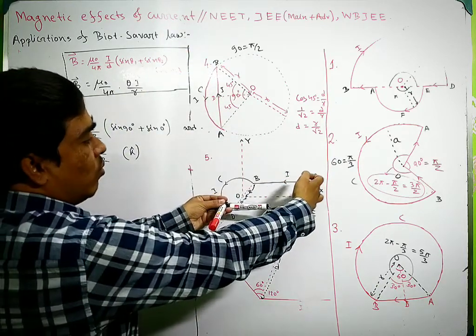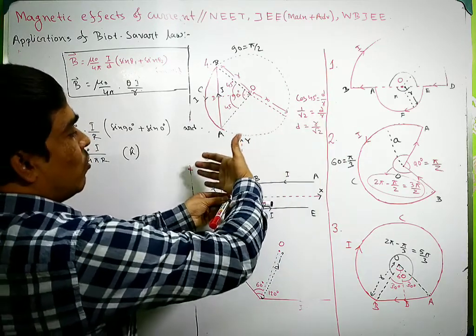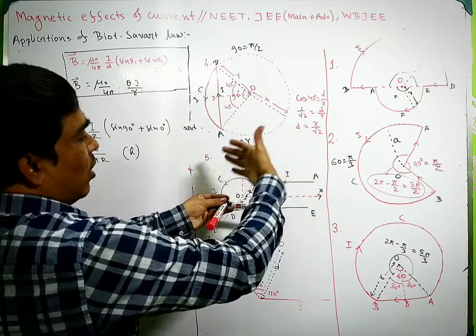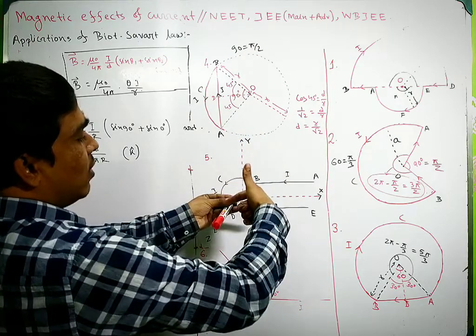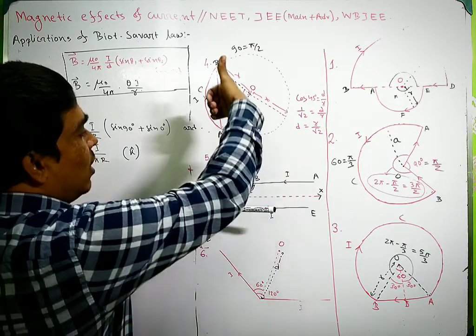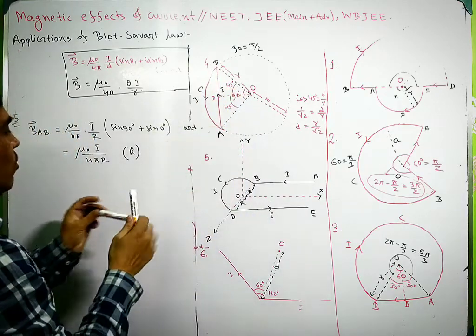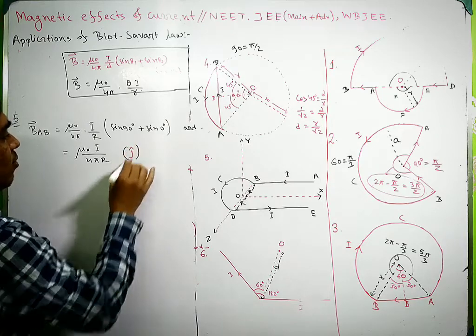The current through this portion is along this direction. By the thumb rule, if the thumb moves along the current direction and this is the r direction, it will be y cap. That means the direction is along y, so it is not k cap, it is j cap.